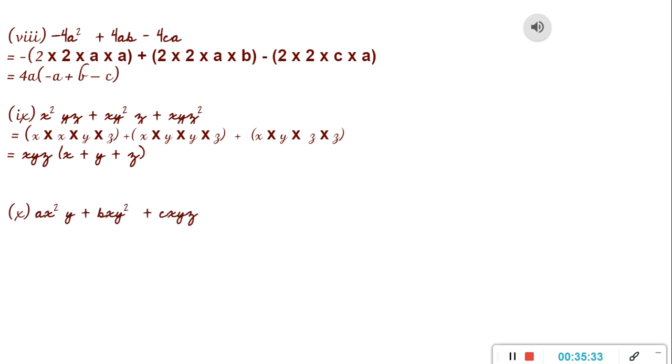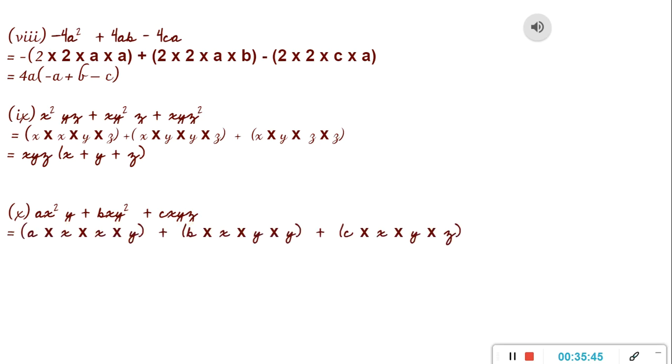Now the 10th one, ax square y plus bxy square plus cxyz. First, the factor form of ax square y is a into x into x into y. bxy square can be written as b into x into y into y. cxyz can be written as c into x into y into z.